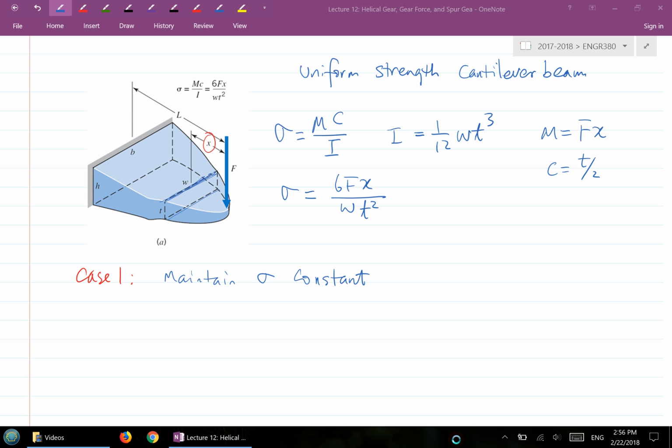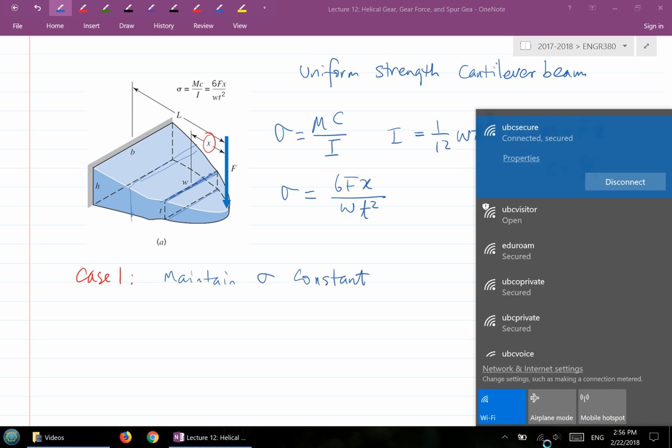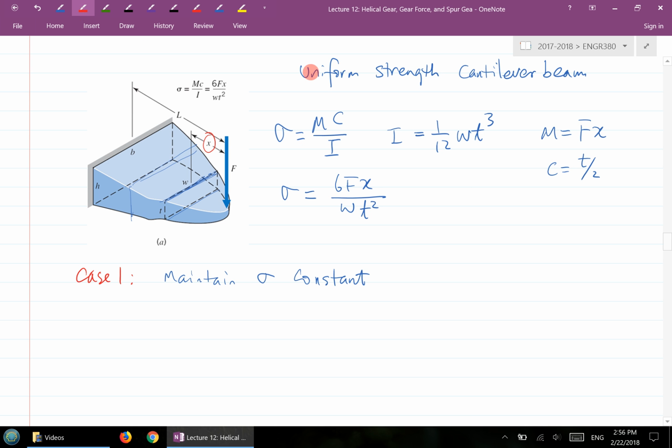You cut a cross section here and get a bending normal stress; you cut a cross section somewhere else and get another bending normal stress. But I want to maintain a constant bending normal stress, no matter where you cut, no matter which distance x is. We want that sigma to be constant. That's the idea of the so-called uniform strength cantilever beam: at every location of x, you try to maintain the same sigma.